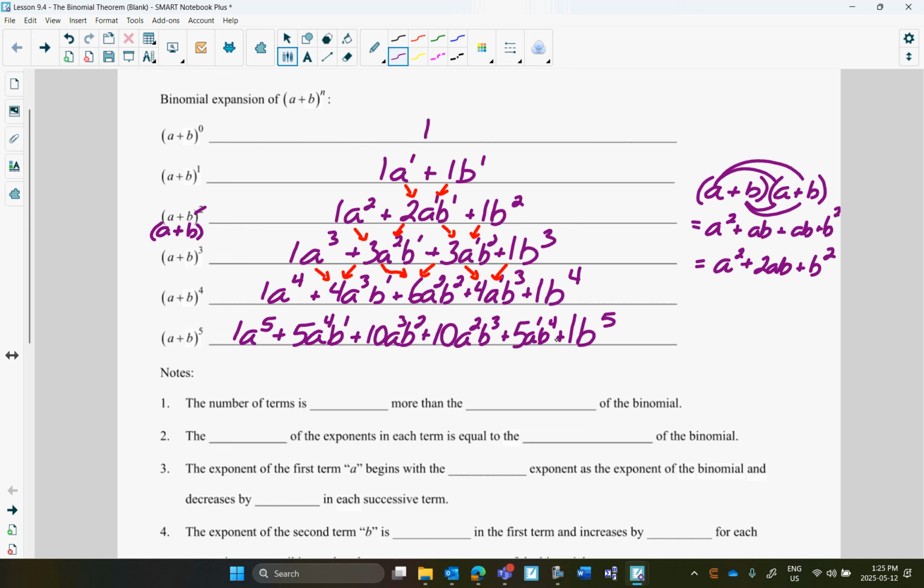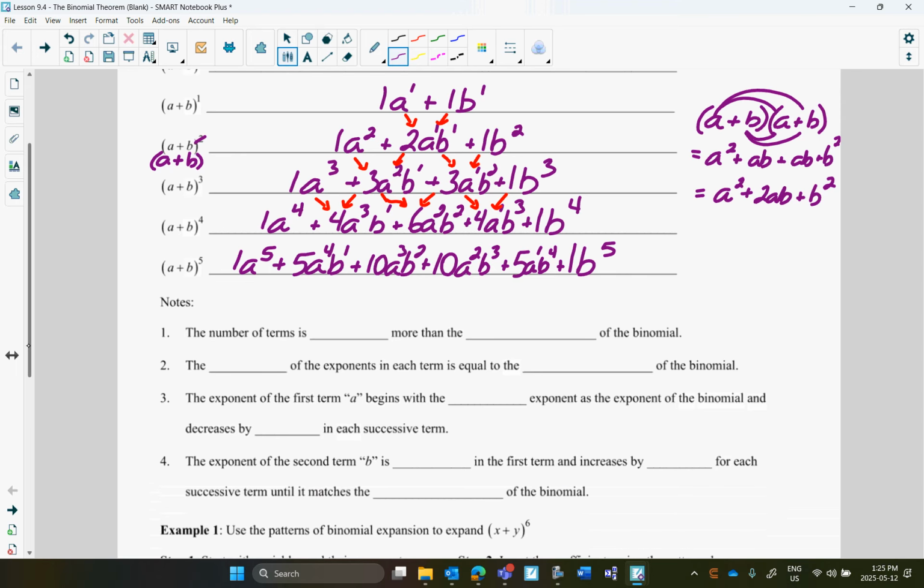Okay. So there's a bunch of different patterns going on here, actually. So what do we see when we look at all this?